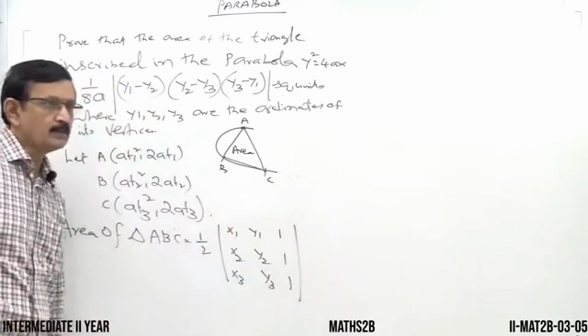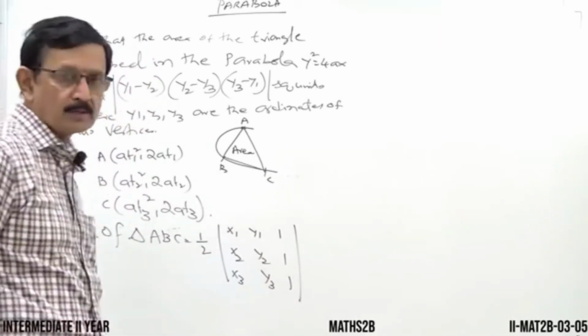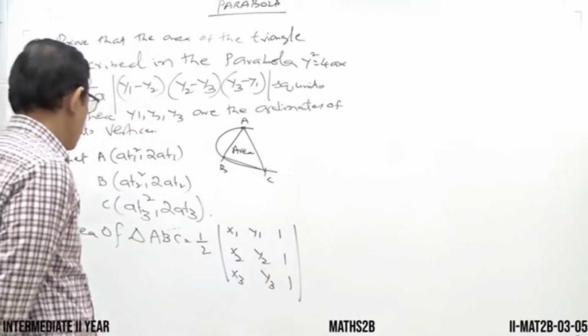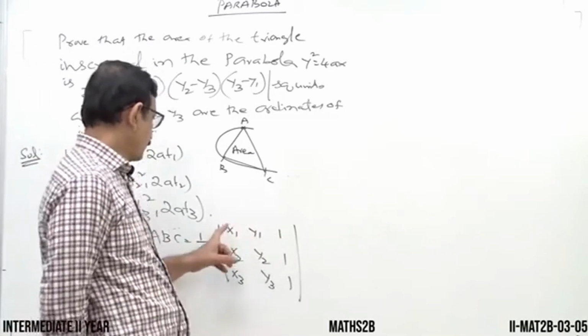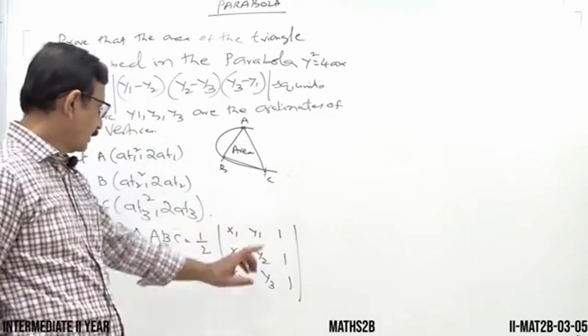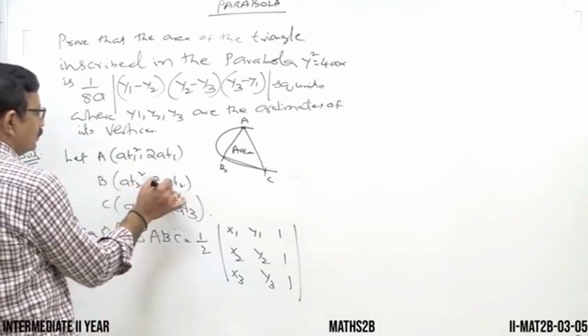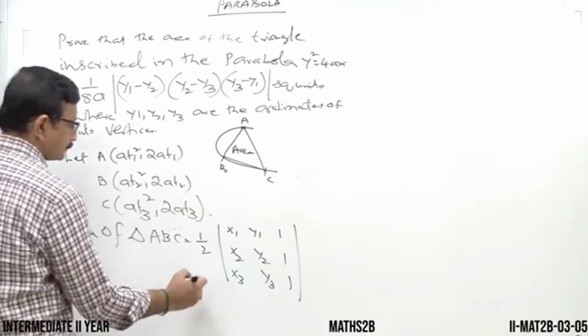You know this formula, we have learned it in first year coordinate geometry. If 3 points are given, how to find the area of the triangle? We know this formula. So you take these as x1, y1, x2, y2, x3, y3.